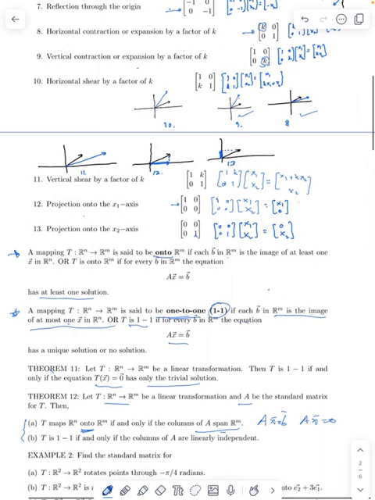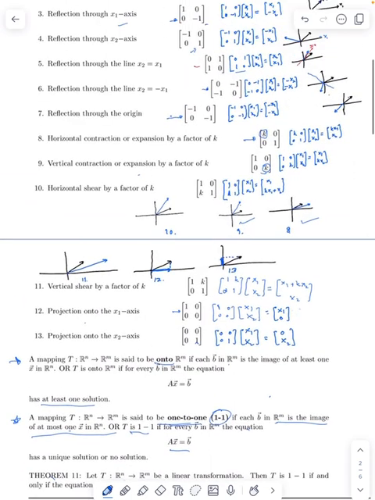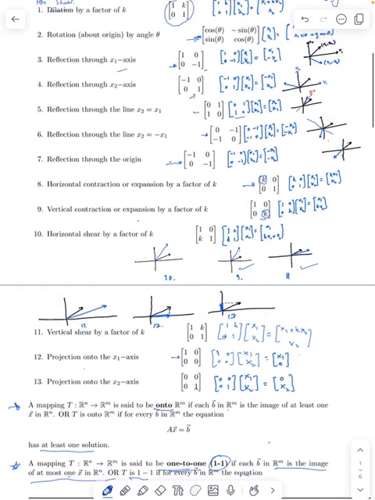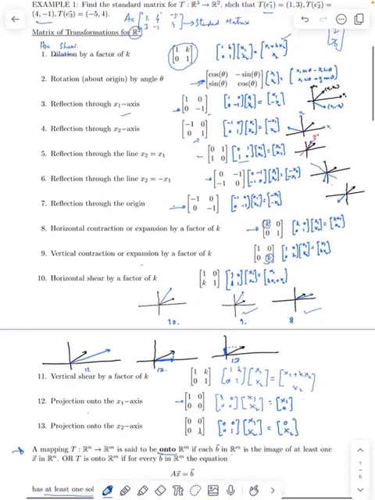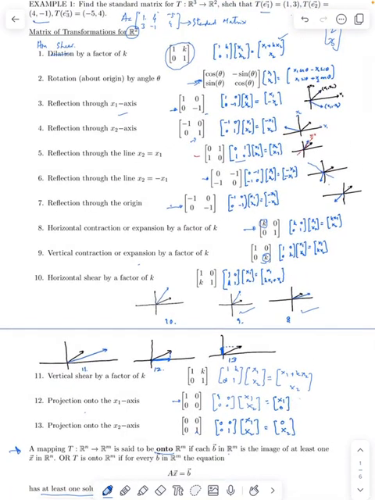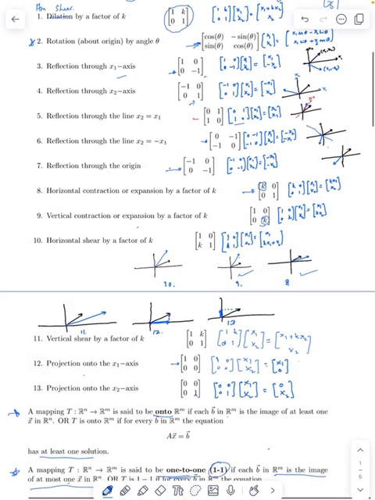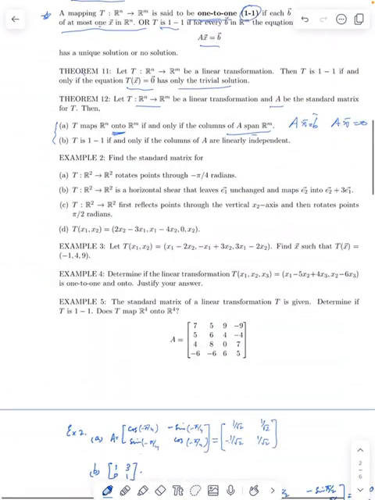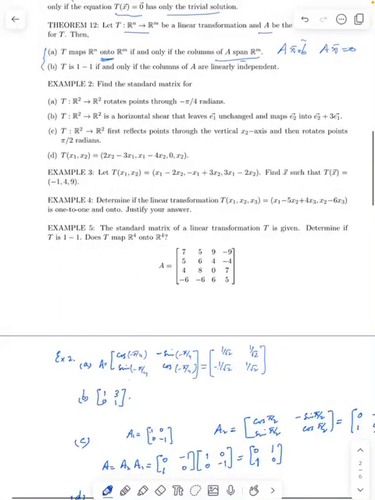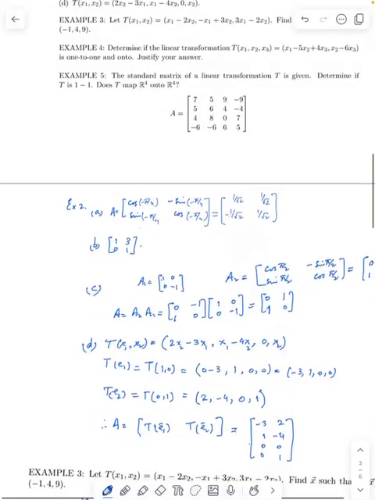We already saw up there, I think it was the second matrix here: cosine theta, negative sine theta, and sine theta, cosine theta. So this number 2 is for rotation. Theta is given, so we plug in. The first entry is cosine of negative pi over 4.